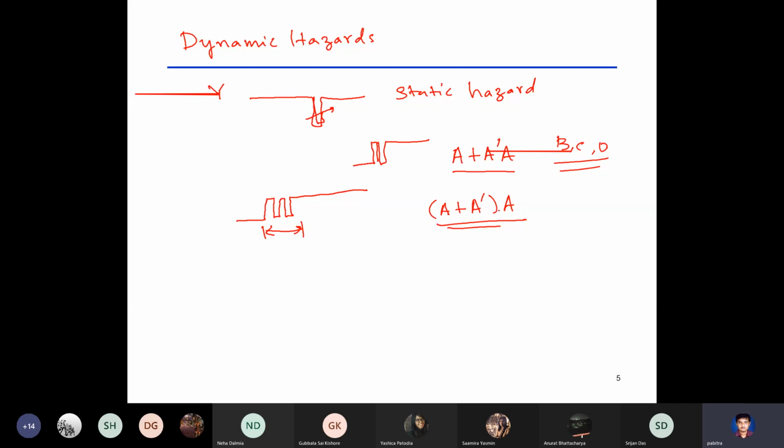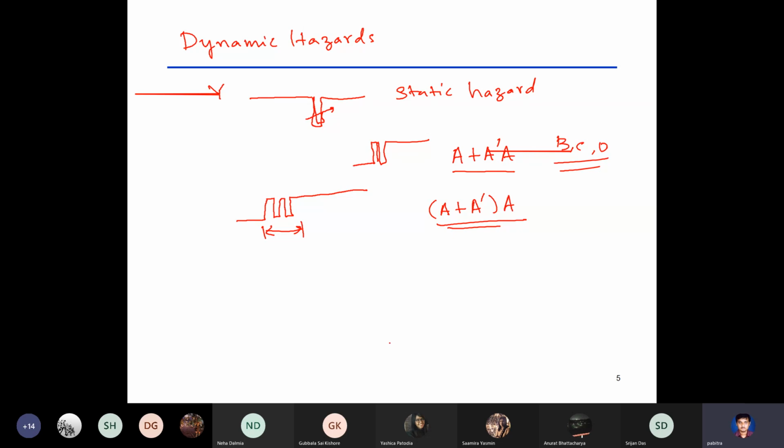In a 2-level circuit, you cannot have such things, so you need a 3-level circuit. Avoiding dynamic hazards is more difficult, but you can do it. You can still draw the Karnaugh map, and you can do this.